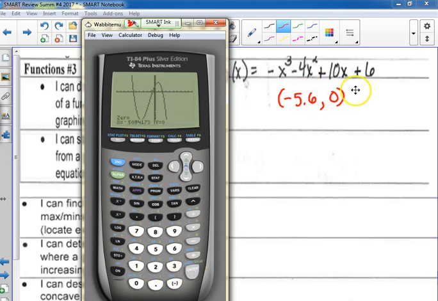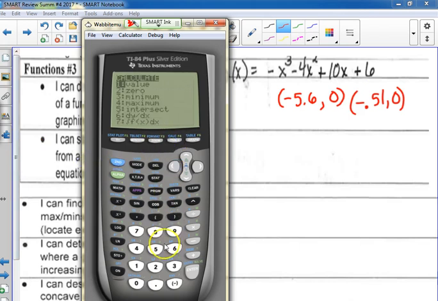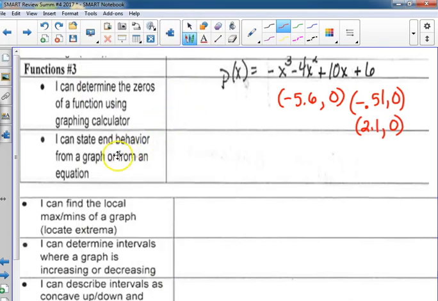Negative 5.1 or 0.51. I can read. 2.1, 2.10, 2.1. I'd like you to go to hundreds, but some of these just happen to round nicely, right? What else? End behavior. I already forgot what it looked like.